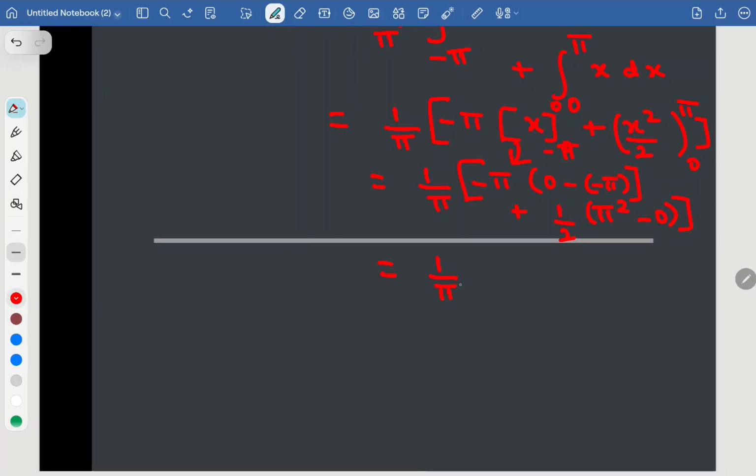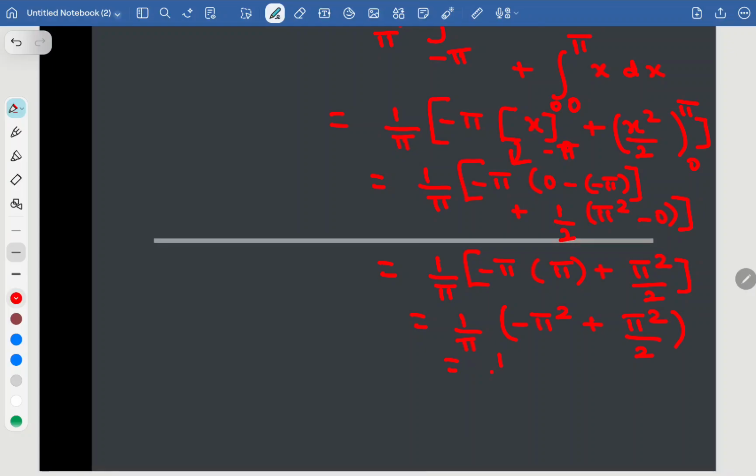1 by pi, minus pi into pi plus pi squared by 2. 1 by pi, minus pi squared plus pi squared by 2.